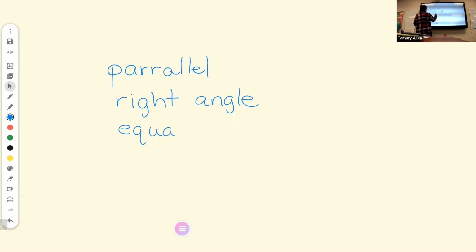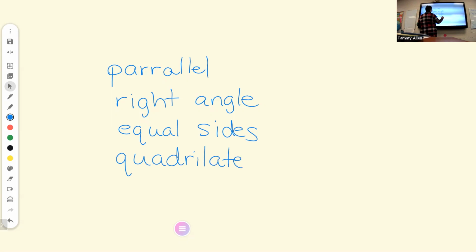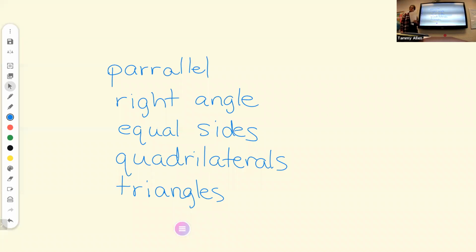equal sides, quadrilaterals, triangles, acute angles, things like that.